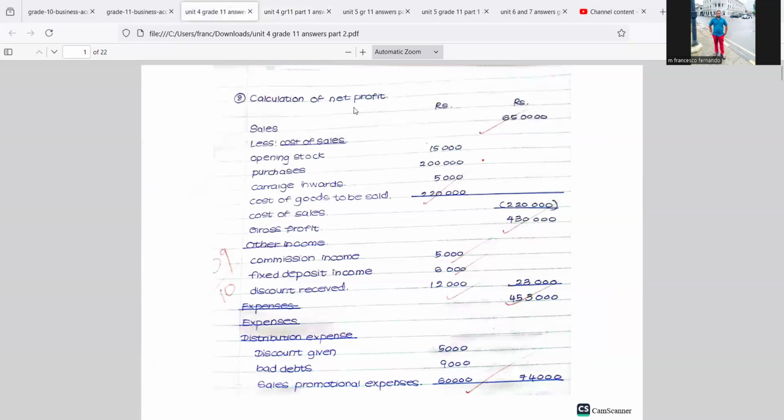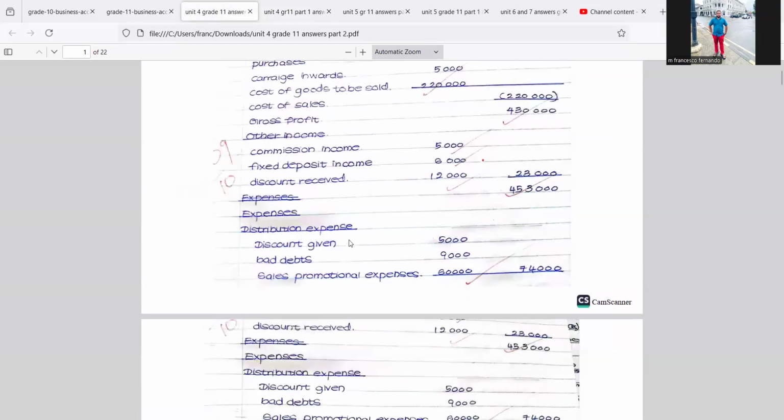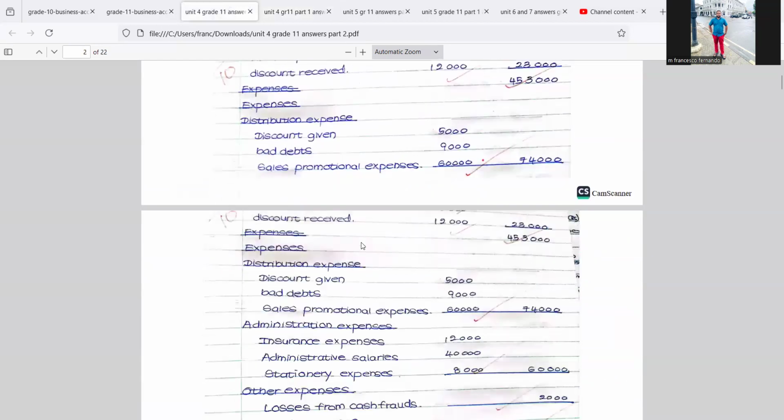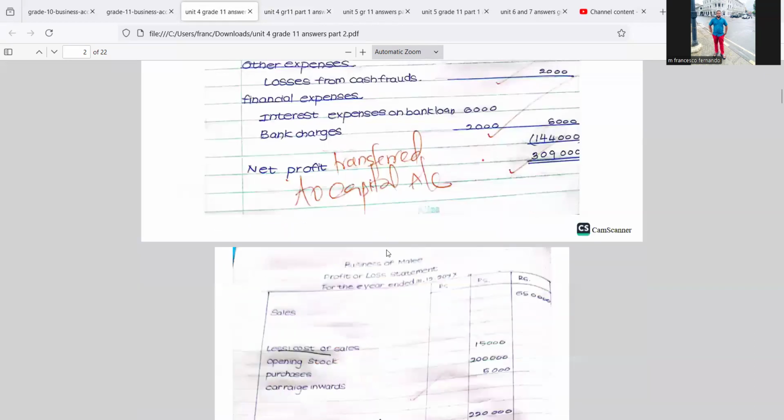So moving forward, the eighth question asks to find the net profit without a statement. So what you can do, using a tabular method like this, is start from sales, then add the other income, record the distribution expenses, then administrative expenses, other expenses, finance expenses, and you can get the net profit.